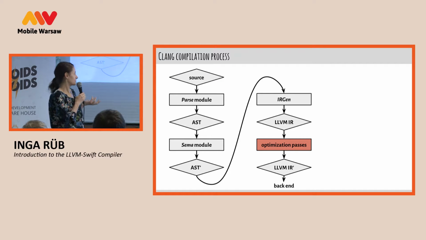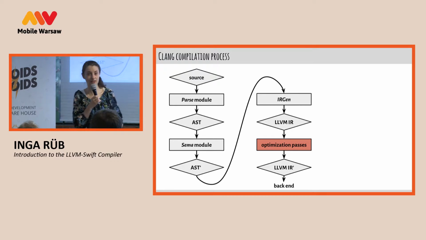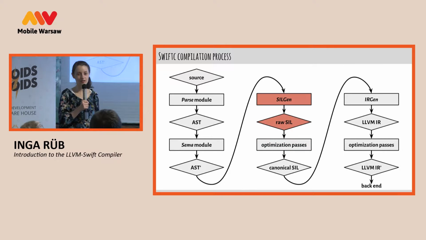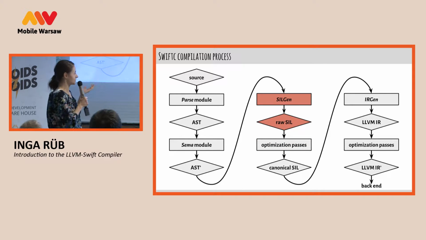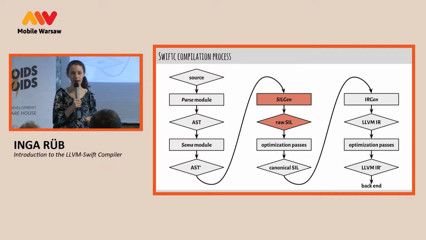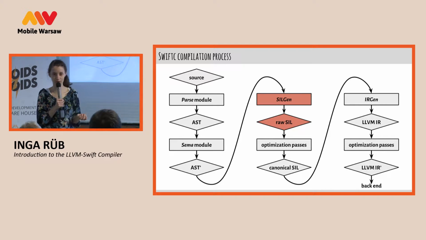If we left the compiler solely with the intermediate representation, then it would lose information about abstractions, and it wouldn't optimize the code well.